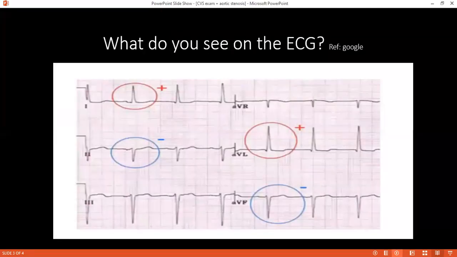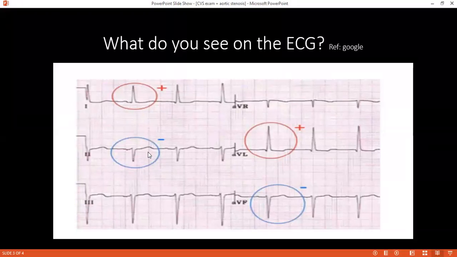Can you please help me read this ECG? There is a positive lead 1 and aVL, and a negative lead 2 and aVF. I would assess the pulse and count the heart rate.